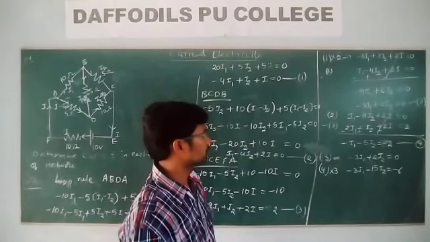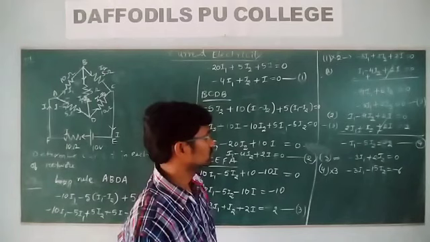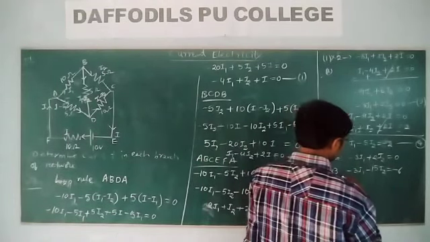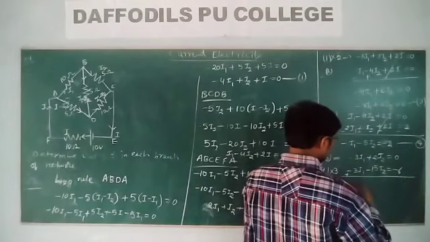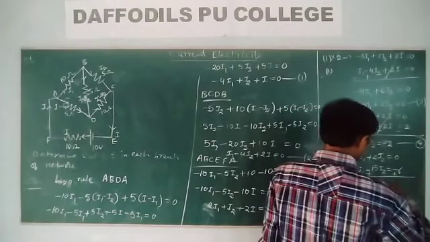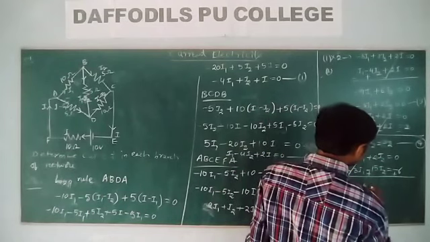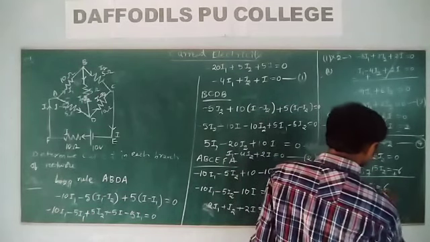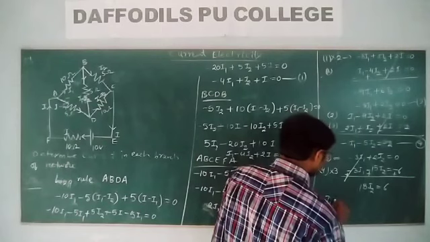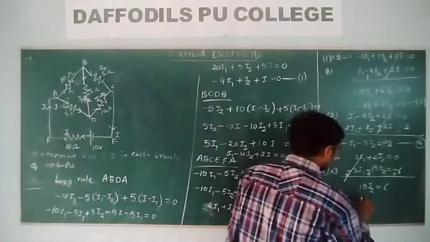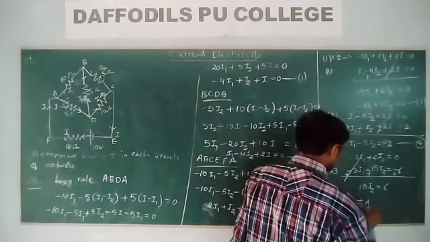Therefore, subtracting means plus. This will be cancelled. 18I2 is equal to 6. Then I2 is equal to 6 by 18, which is equal to 1 by 3 ampere.